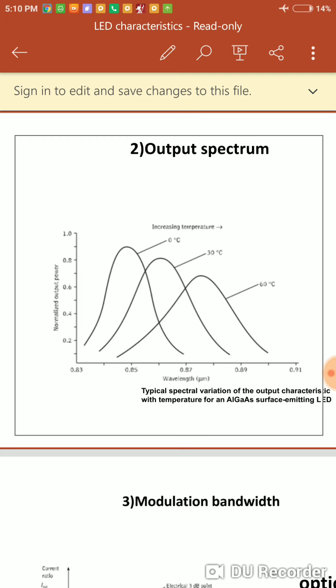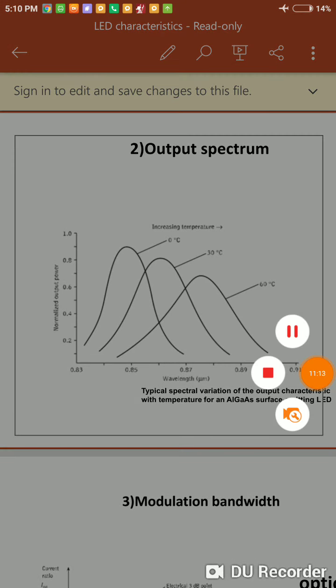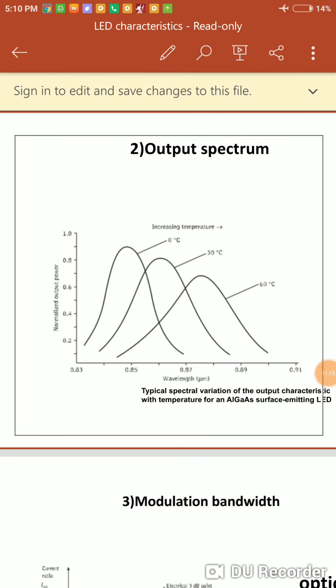Also, as we saw in the first characteristic, as the temperature is increased, the quantum efficiency of the LED decreases, so obviously the output power is reduced when the temperature changes from 0 to 30 degrees Celsius and from 30 to 60 degrees Celsius.